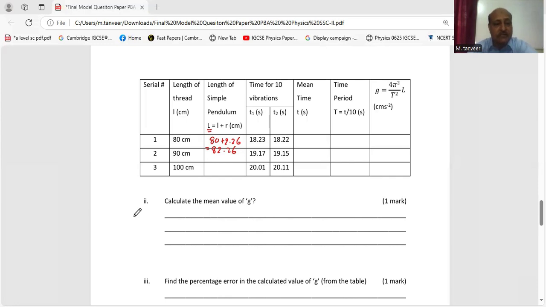You will get 18.225, so I will round it off to 18.23. This is the mean time.